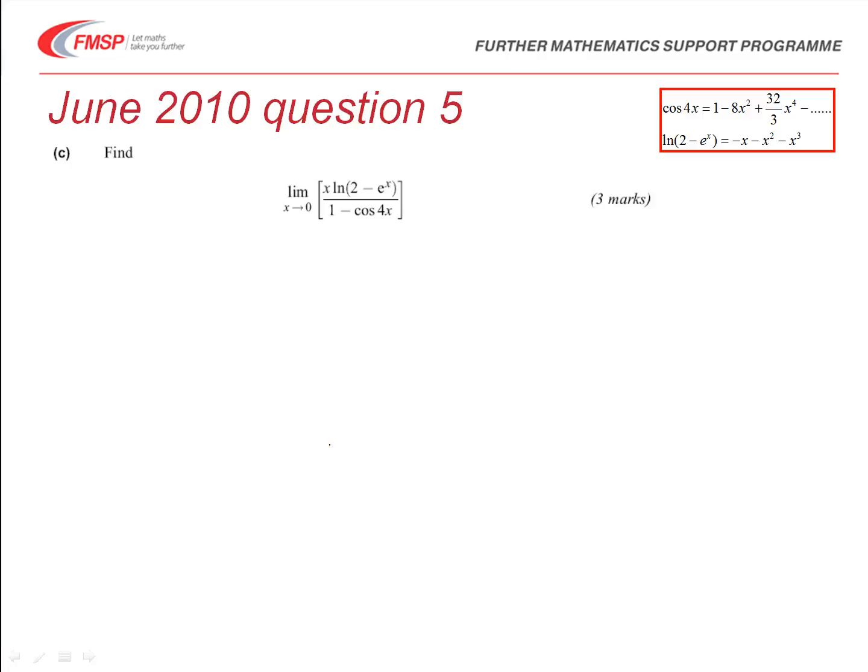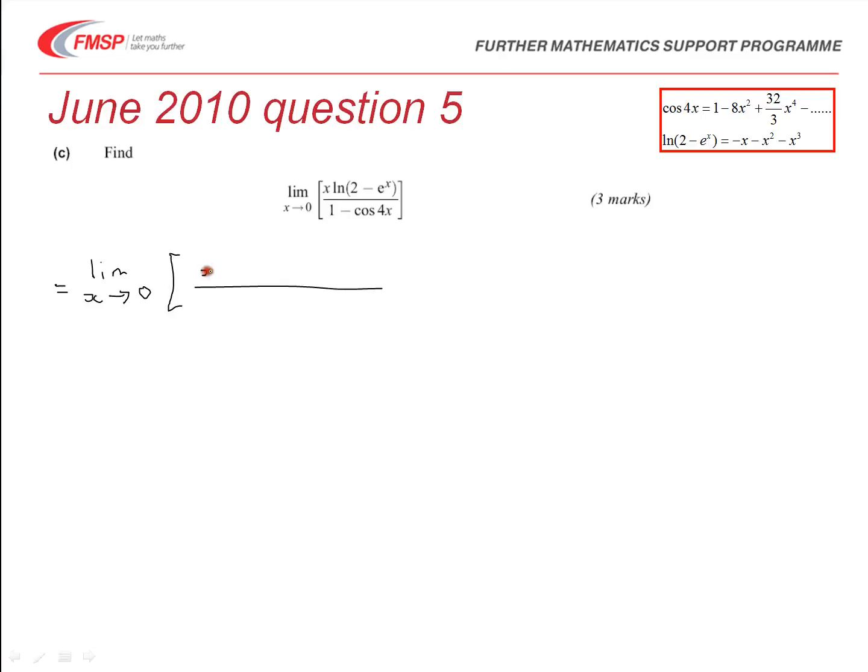Well, finally, we get to the third part of the question where we're trying to find the limit of this expression. And of course we know the expansion for ln of 2 minus e to the x, and we've got an expansion for the cos 4x. So if we substitute those things in, we're going to have the limit as x tends to 0 of x times our ln function, so what have we got?